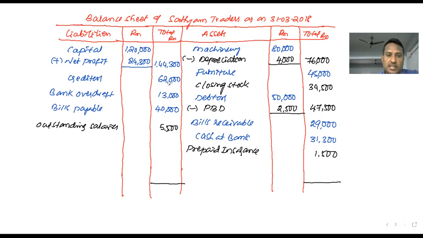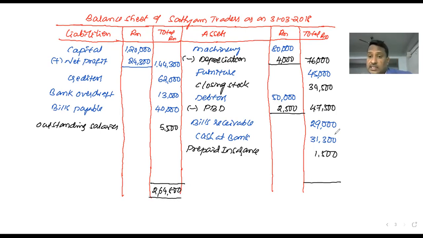So let's total the liabilities: 1,44, 62, 2,06,000, 2,19,000, 2,54,000, 2,64,800. This is the total amount of the liabilities, 2,64,800.